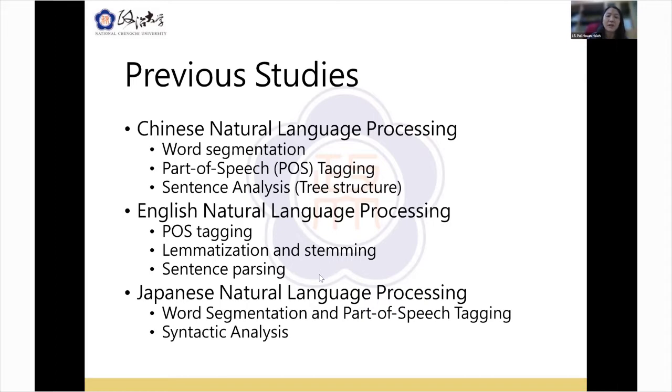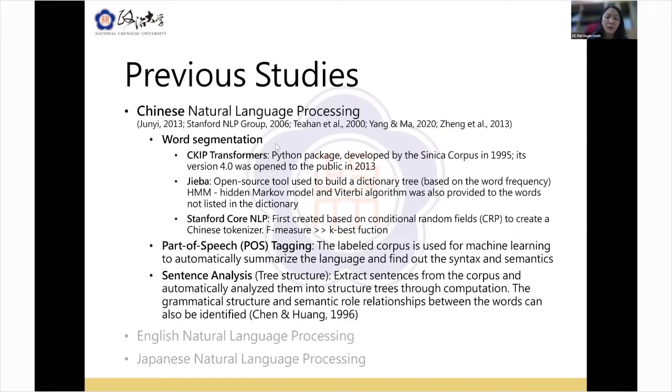And here in my slides, I carefully reviewed the literature and found some useful tools that allowed us to analyze the Chinese words and sentences. We utilize the first one, the CKIP transformer, because this is developed in our country, from the Sinica corpus.